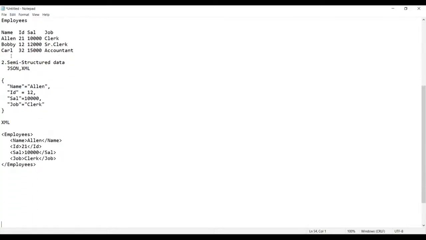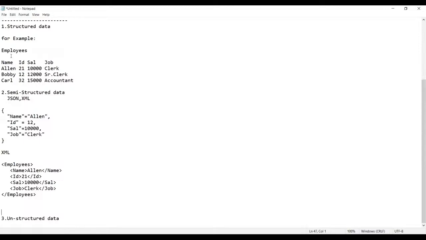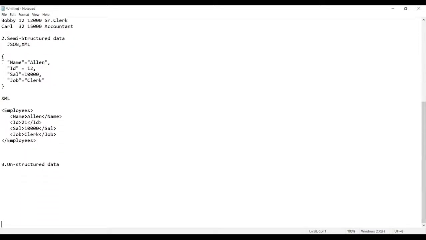Now the third type of data is called unstructured data. What do you mean by unstructured data, guys? Unstructured data is nothing but, in your mobile phone, you will have photos, videos, voice notes, chat history.